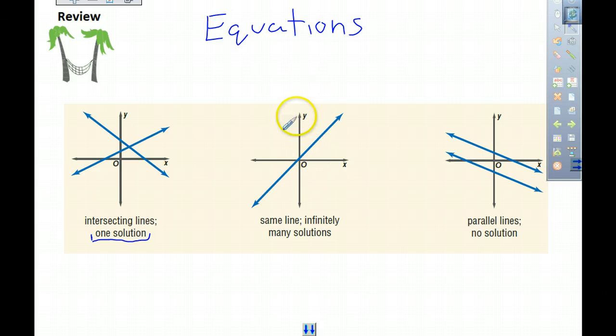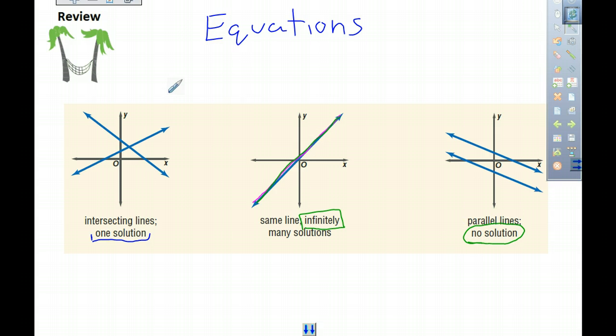This is like if the 2 equations are identical and I graph one, it looks like that. And when I graph the second one, it happens to be the exact same line. Then you have infinitely many solutions. And then, of course, if you graph 2 lines and they don't intersect at all, you have no solution.